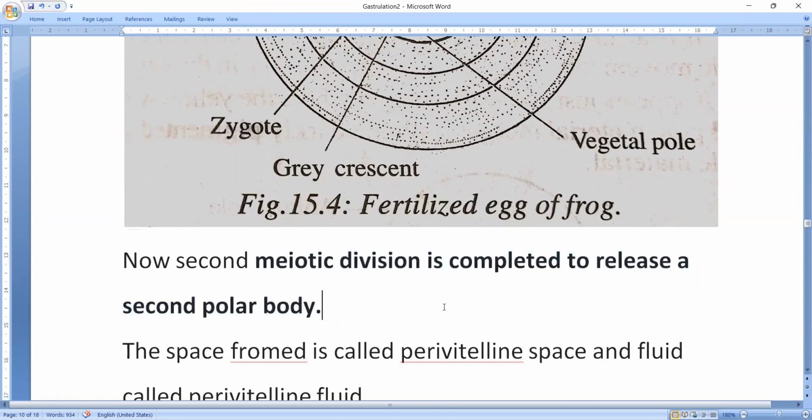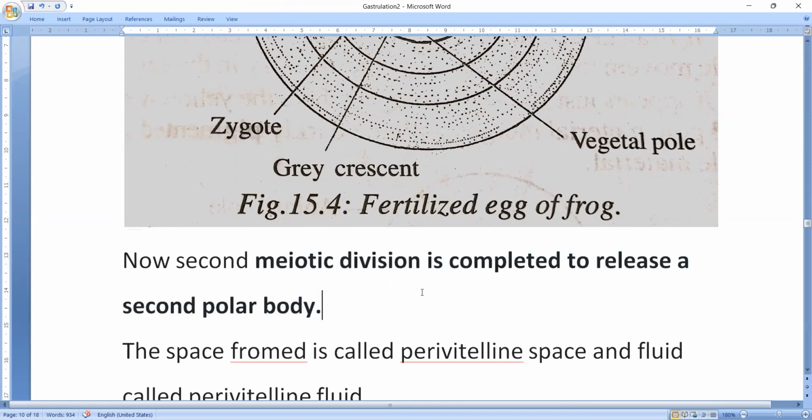We discussed oogenesis. First, when the primary oocyte is divided to form two unequal cells, one is a polar body and another one is a secondary oocyte.